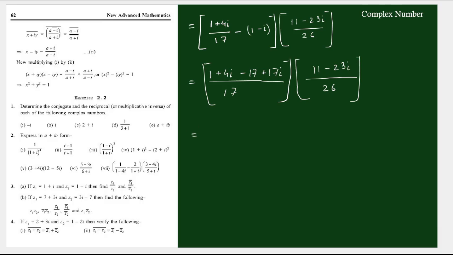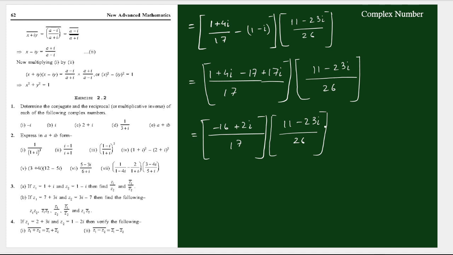Now 1 minus 17 is minus 16. Then 4 plus 17 is 21. Below we got 17. 23i by 26.